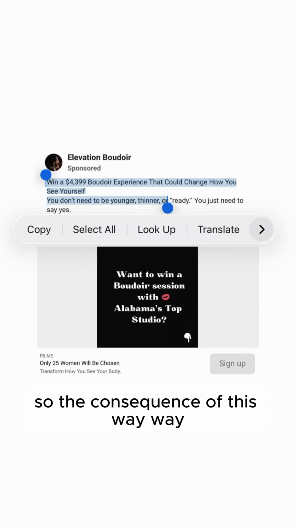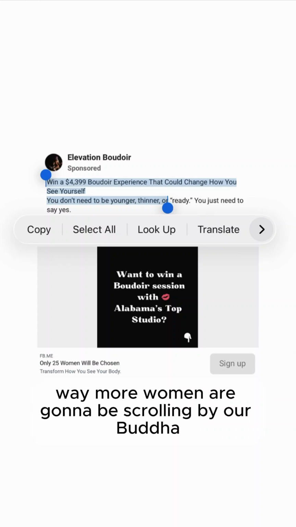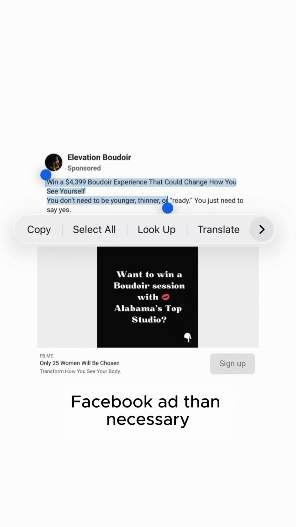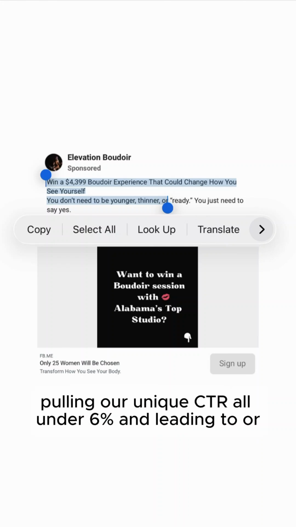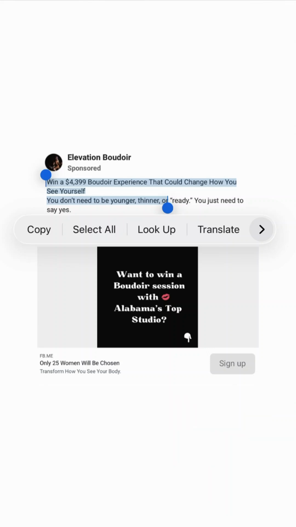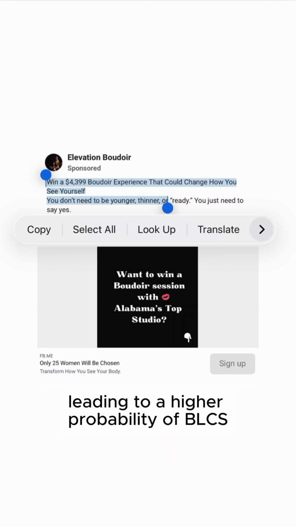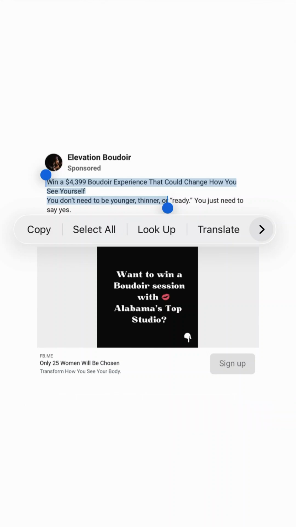So the consequence of this: way more women are going to be scrolling by our Boudoir Facebook ad than necessary, pulling our unique CTR under 6% and leading to a higher probability of BLCS, Boudoir low click syndrome.